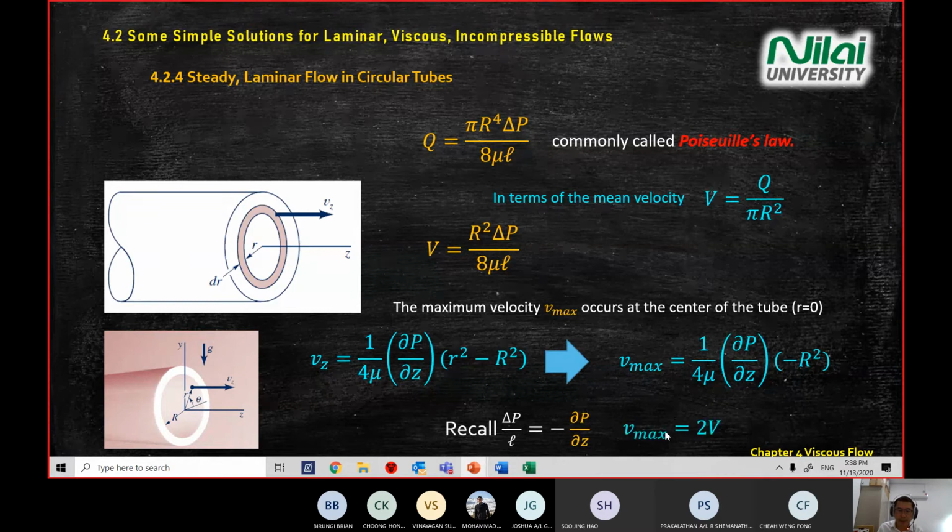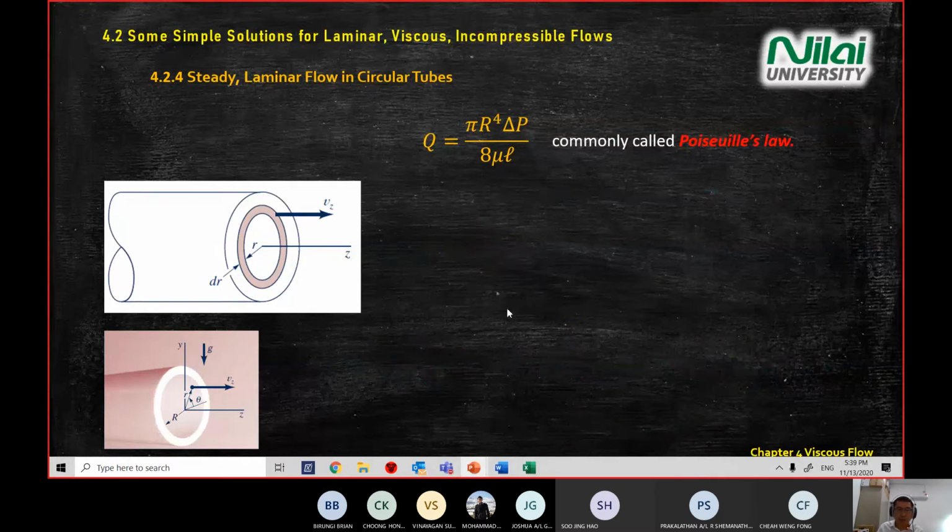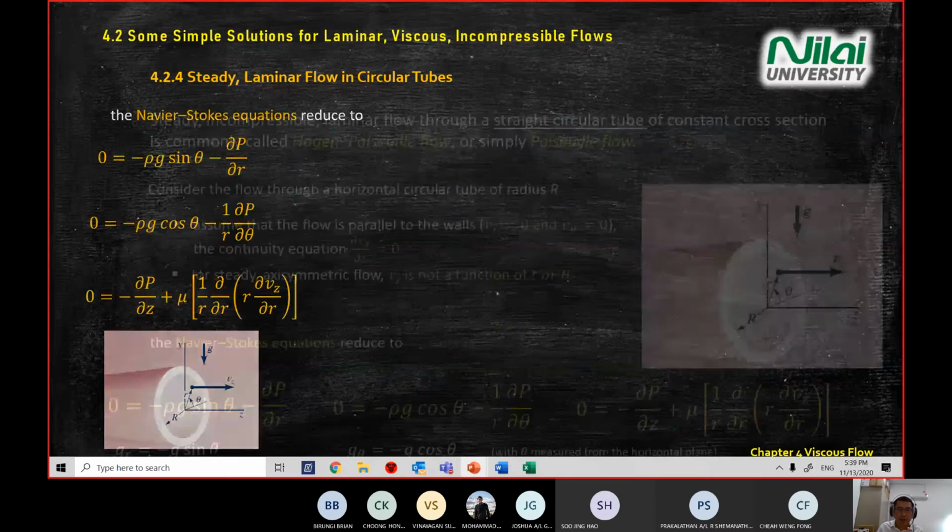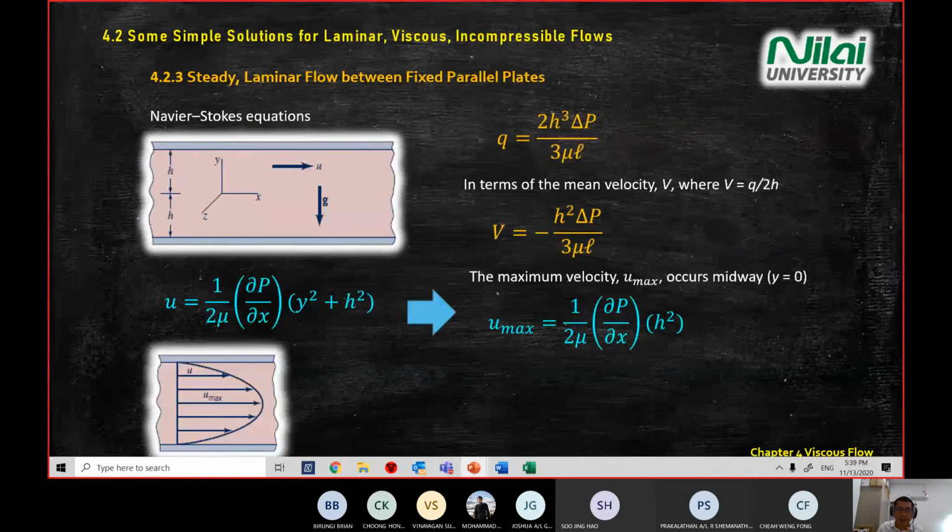So you will get Vmax equals 2V. From here, you can compare what happens in circular tubes and in parallel plates. For circular tubes, Vmax equals 2V. For parallel plates, you have 3 over 2 V.